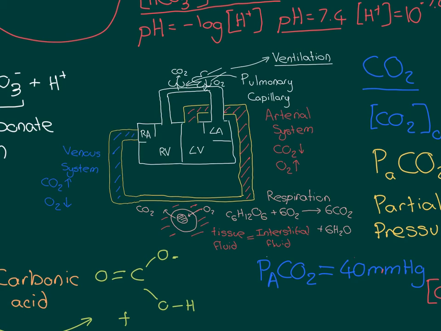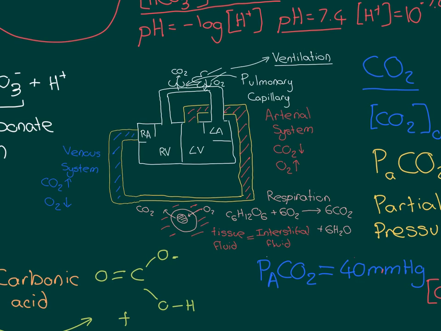Now, why is that going to occur? Well, it's going to occur because the carbon dioxide concentration in the tissue fluid is higher than the carbon dioxide concentration in the arterial blood. So, let me give you what the carbon dioxide concentration in the tissue fluid is going to be. And we'll use this as an opportunity to practice our understanding that we can talk about partial pressures of carbon dioxide dissolved in fluids rather than the actual concentration.